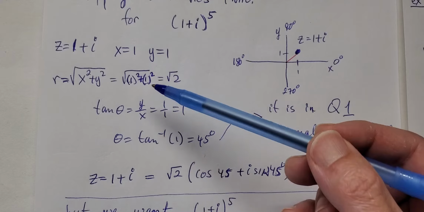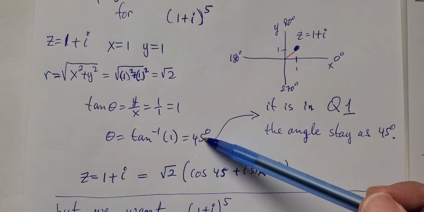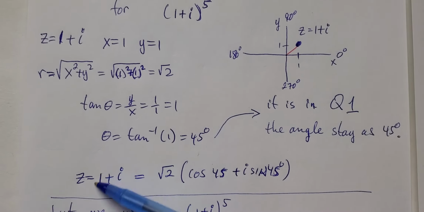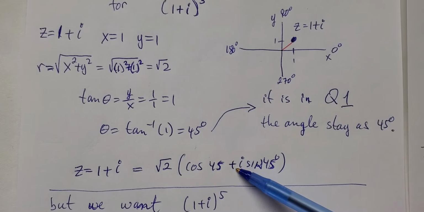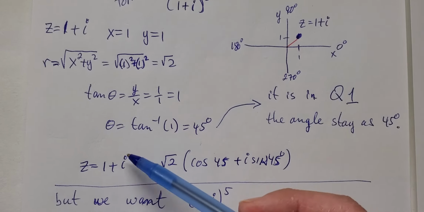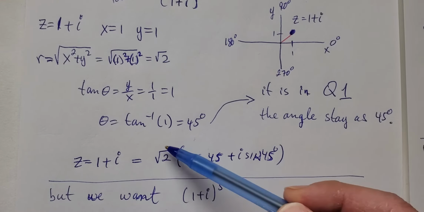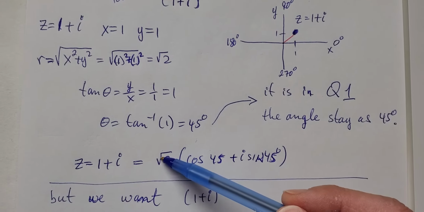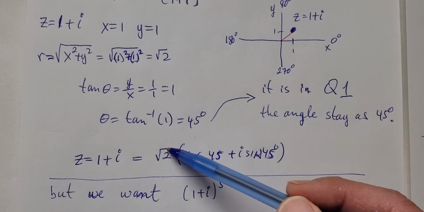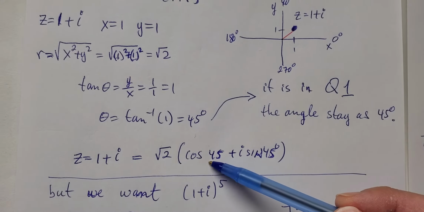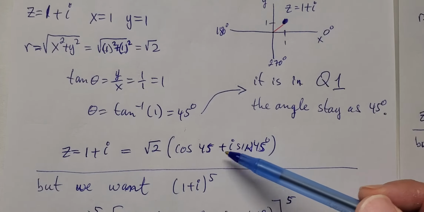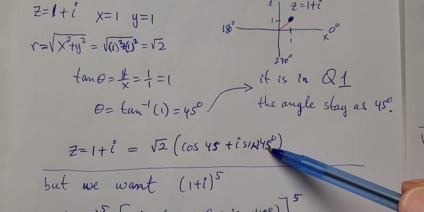Now use the r and the angle to rewrite the complex number in polar form. In polar form, r is always outside, followed by cos 45 plus i sine 45.